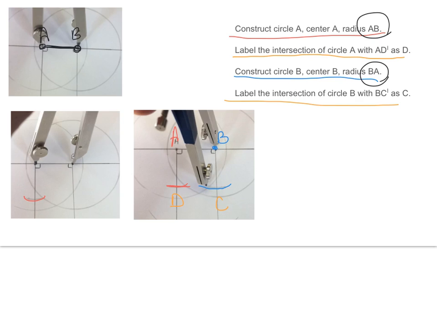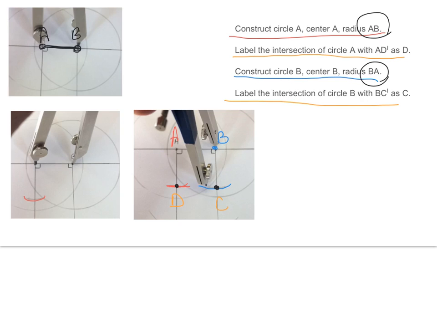And then circle B, center B, radius BA. We're going to label this point D. So it's where our circle A, radius AB intersects our line AD prime, and circle B, radius AB intersects our line C prime B.